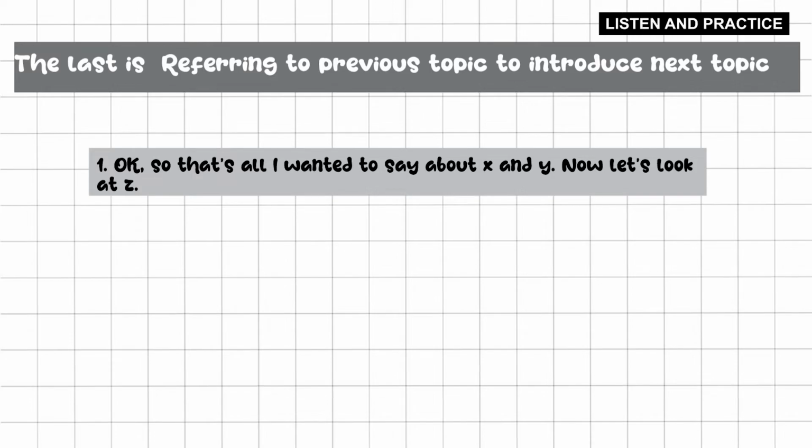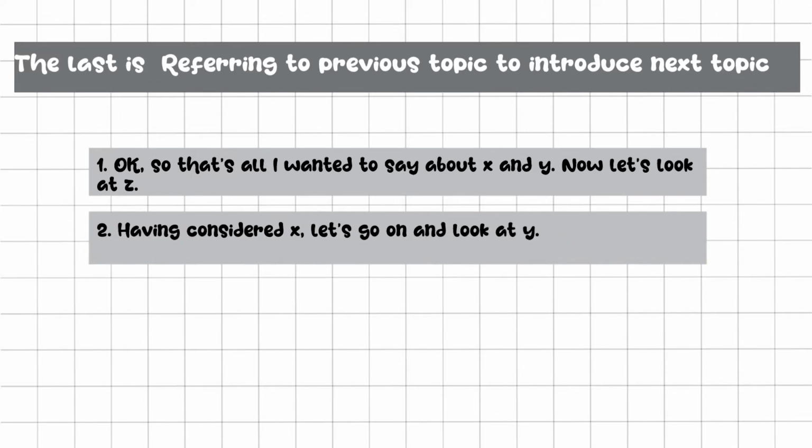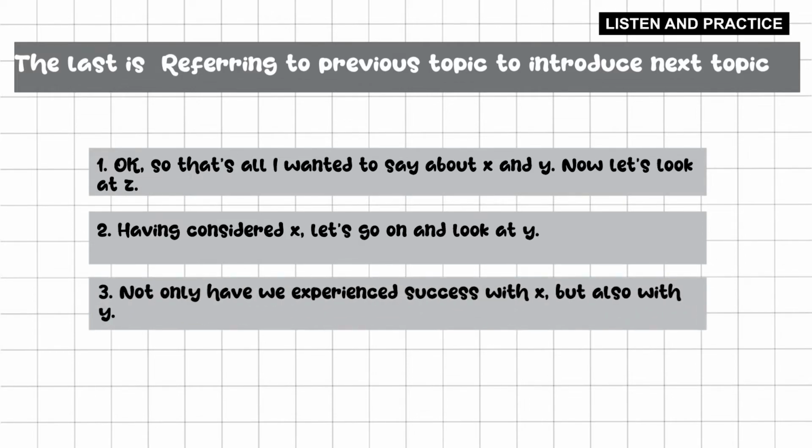Okay, so that's all I wanted to say about X and Y. Now let's look at Z. 2. Having considered X, let's go on and look at Y. 3. Not only have we experienced success with X, but also with Y.